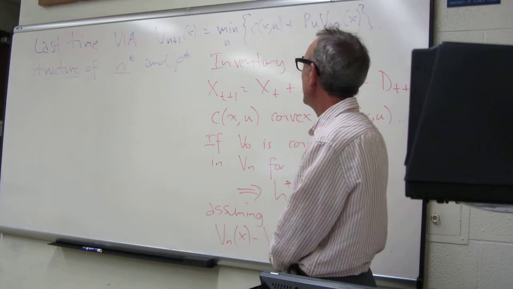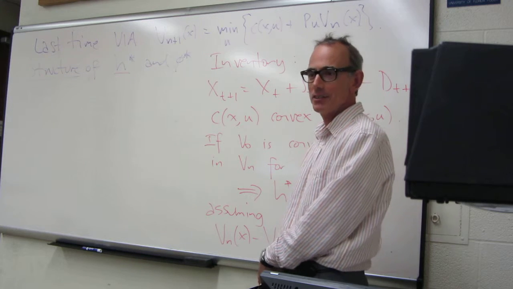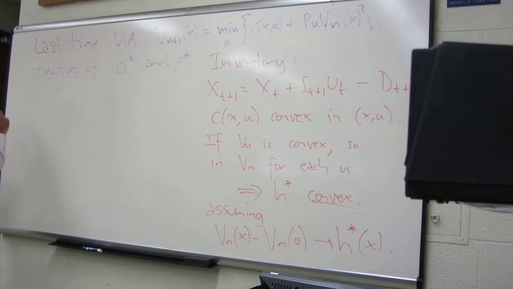So I gave you the idea of the proof, and I just saw I only had 5 more minutes, and I just want to make sure you all understand it. So convexity, we want to show. I had an inductive proof. Assume Vn is convex.